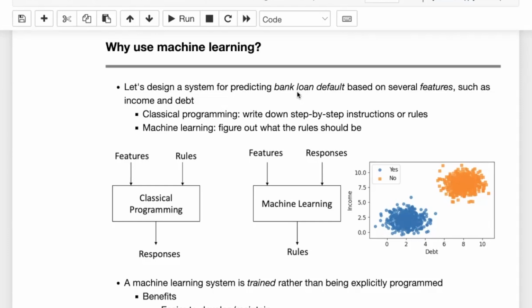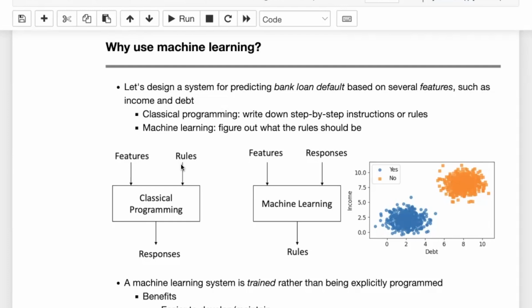The typical, or classical programming approach is that you can start by writing down step-by-step instructions or rules. And that's what we have in the figure on the left side. So this means that you have these features such as income and debt, and then you write down some rules.